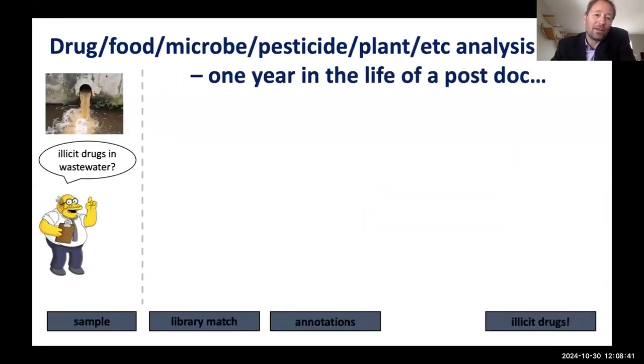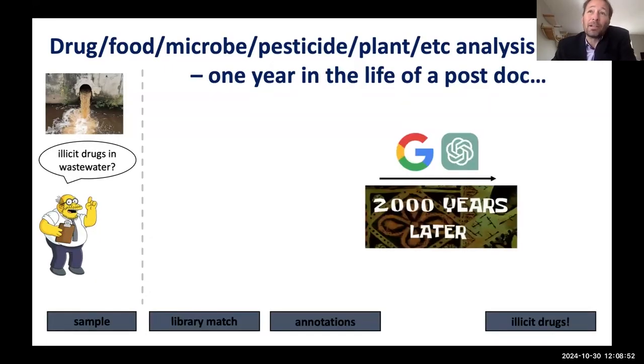And so if we expand this into drugs, food, microbes, pesticides, plants, and we go through this sort of process each and every single time, you're really going to be spending a lot of time even just simply curating that metadata table to say, okay, this molecule is from microbes, this molecule is from food. And what's even more remarkable, if you take two people with the same list of molecules, you may not get the exact same source information.